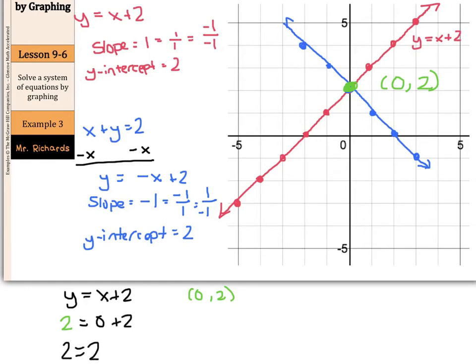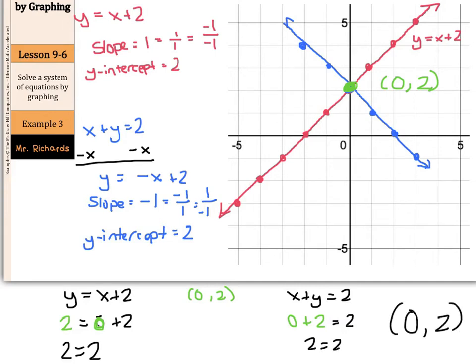Yes, 2 equals 2. What about my other one? x plus y equals 2. Well, if I put in a 0 for x and a 2 for y, does this equation work? Sure, 2 equals 2. So my answer here is 0, 2.